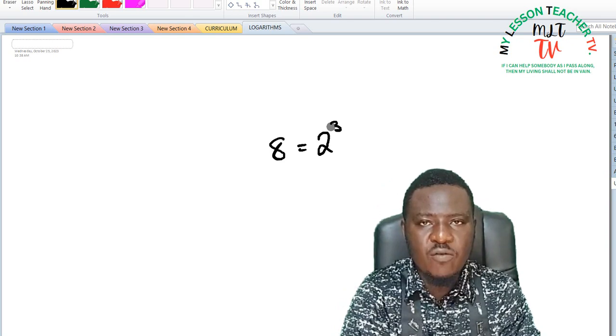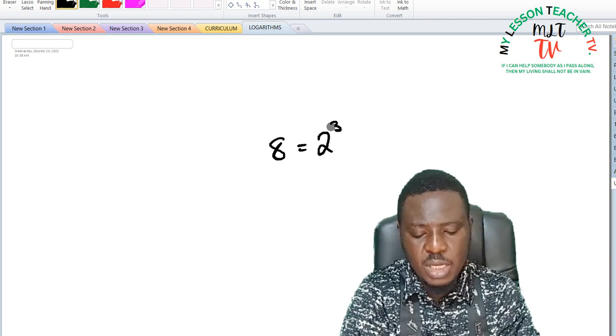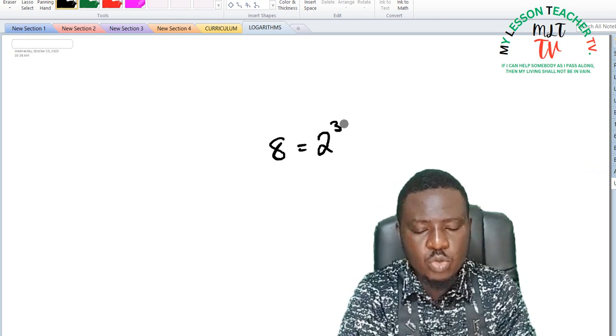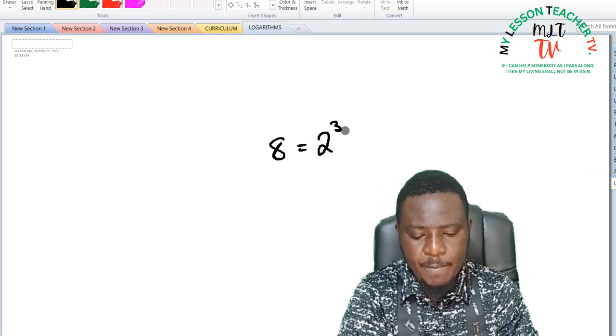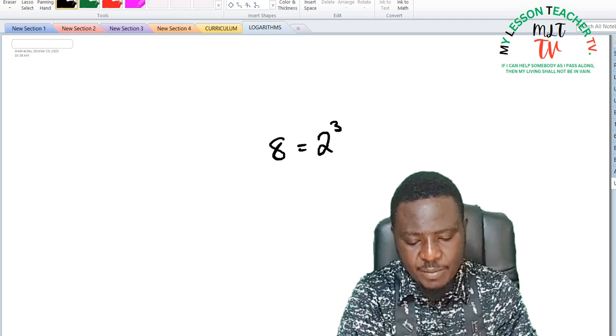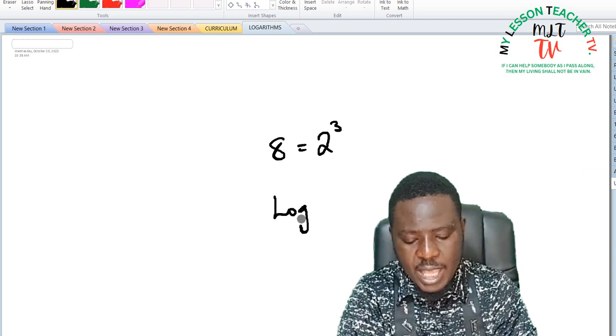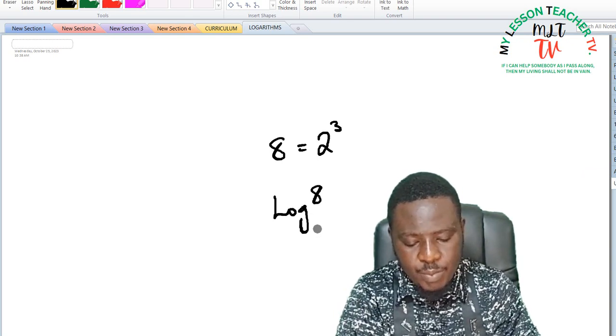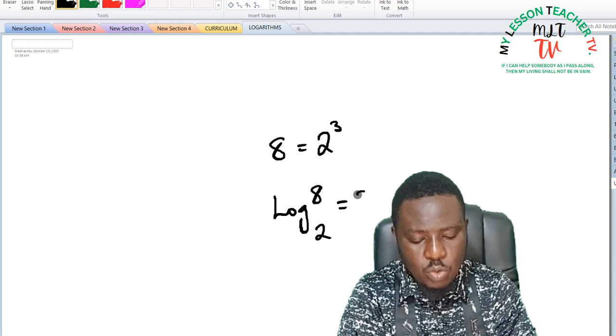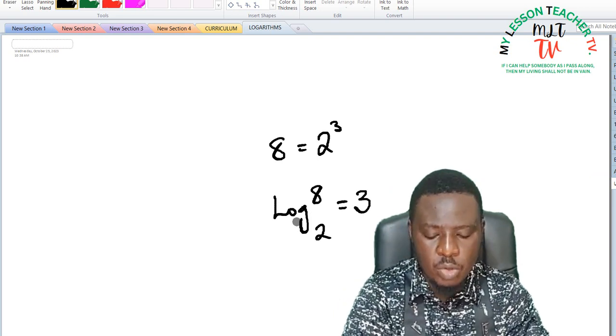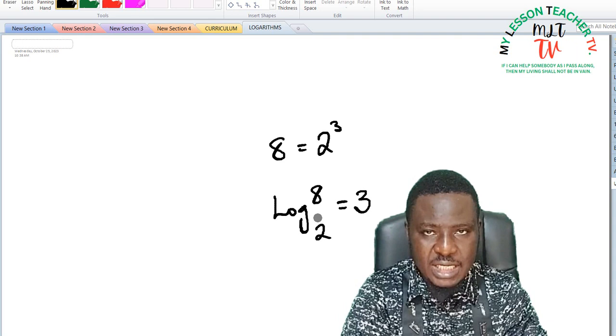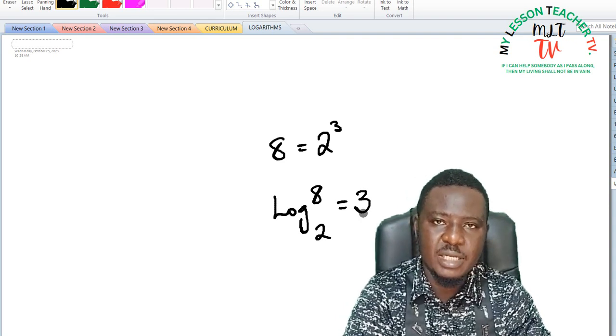And we're taught how to convert numbers from indices to logarithms. We said 8, which is equal to 2 to the power 3, can be expressed in logarithm as log 8 base 2 is equal to 3. So the logarithm of 8 in base 2 is said to be 3.